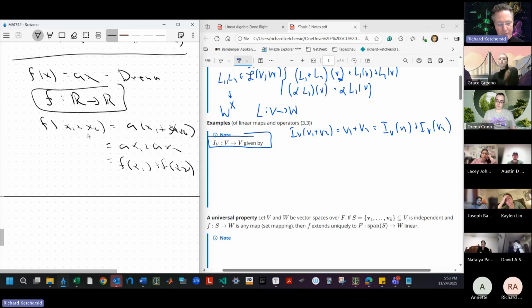So it's definitely preserving addition. And f of alpha x is going to be a alpha x, but that's alpha ax, and so that's alpha f of x. So it preserves scalar multiplication. So that's good.